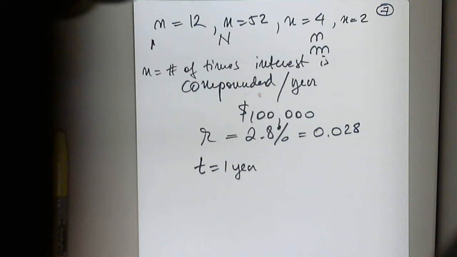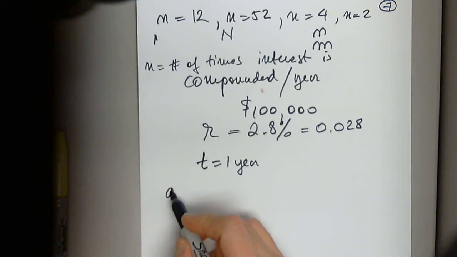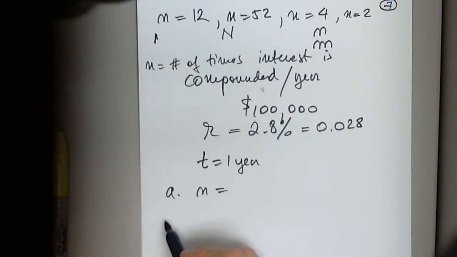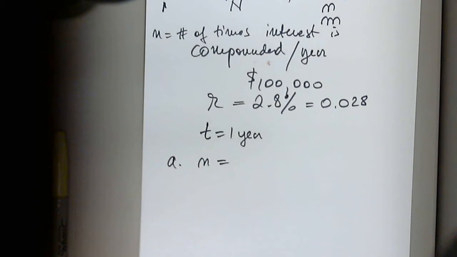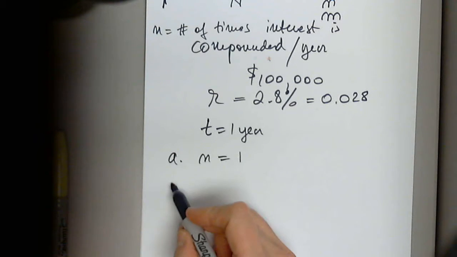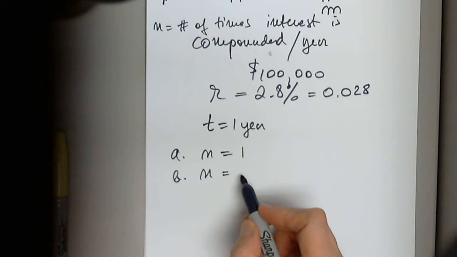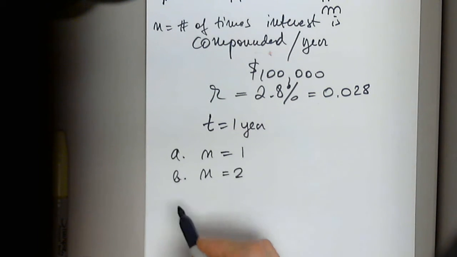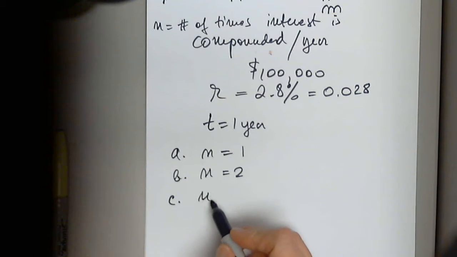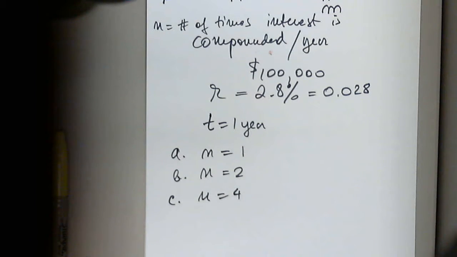If interest is compounded, part A, annually, how much is N for annually? Good. B, semi-annually. Very, very good. C, quarterly. Perfect. N equals 4. D, daily.